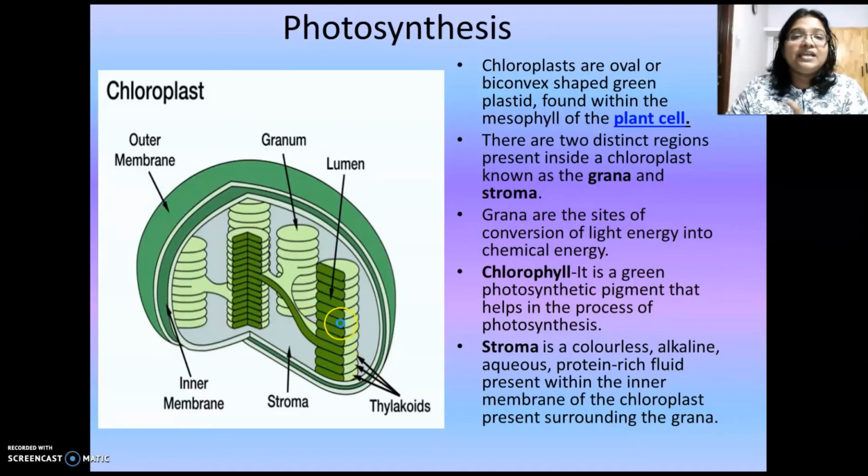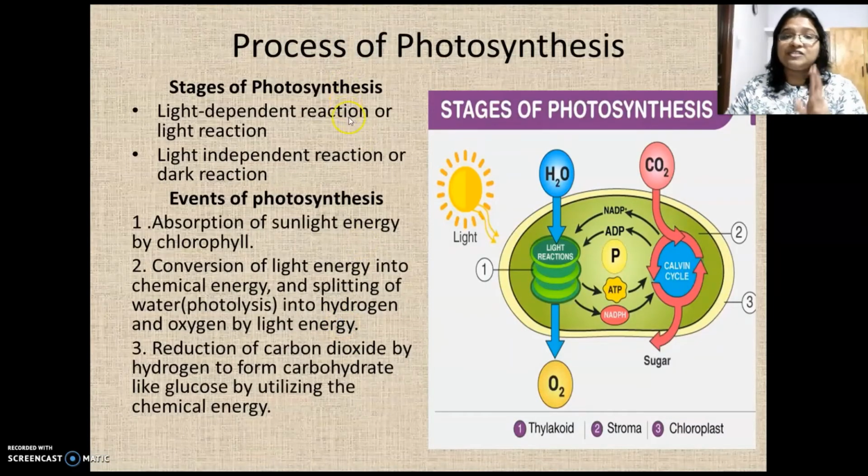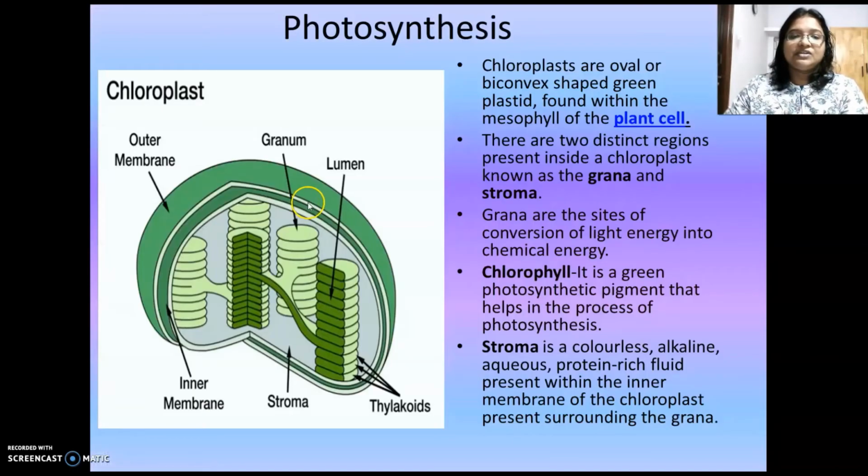And in case of photosynthesis, there are two stages. One is called light-dependent reaction or light reaction. Another one is called light-independent reaction. See, the light reaction takes place inside the granum of the chloroplast, whereas the dark reaction takes place in the stroma.